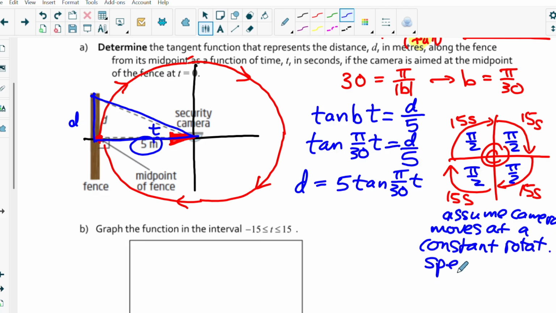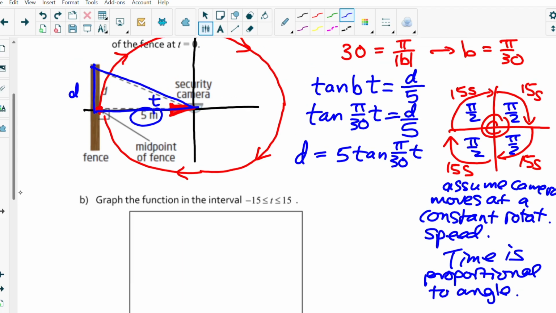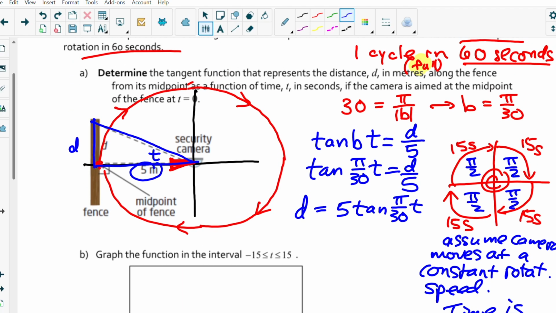Therefore, time is proportional to angle. That's why I'm using time instead of an angle here. They are interchangeable. They are directly proportional. So that is why we're using t, not a theta value.